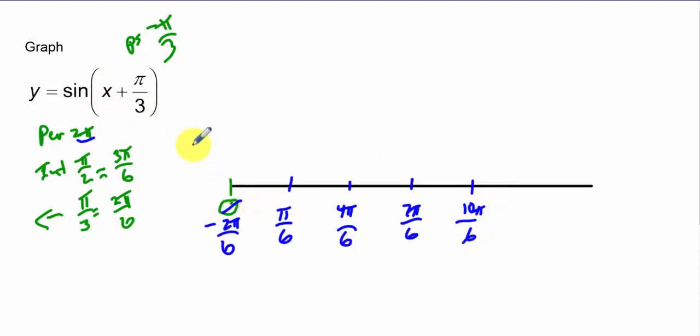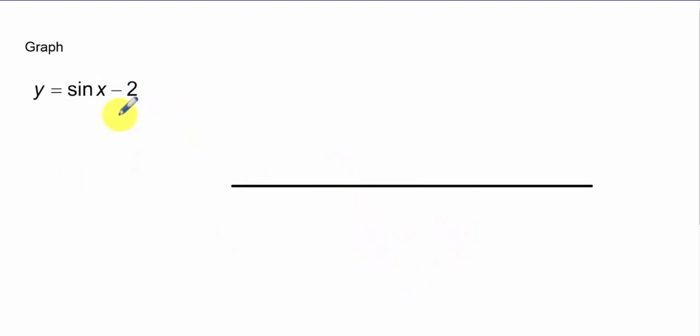Sine graph again, no y changes. Just go ahead and graph a sine graph with the normal amplitudes of 1. Now notice in this example, we are outside of our sine function. This 2 is not in parentheses.